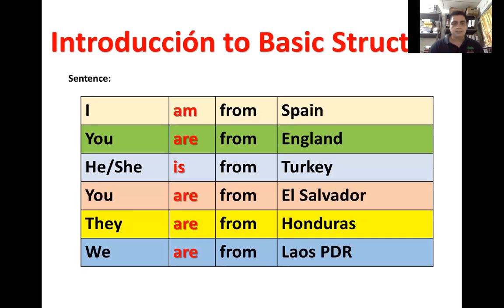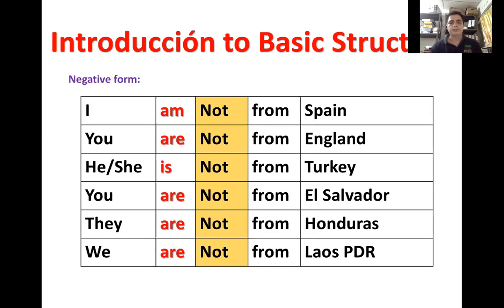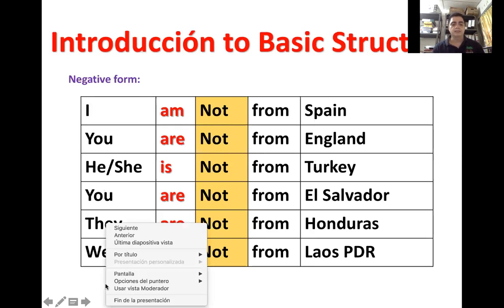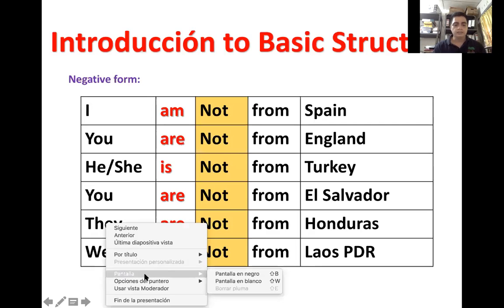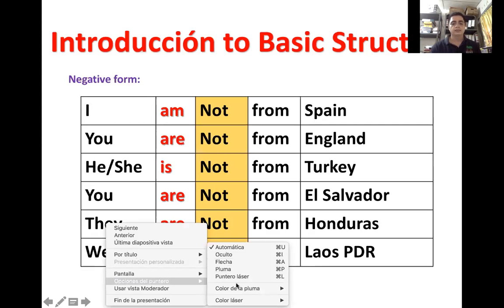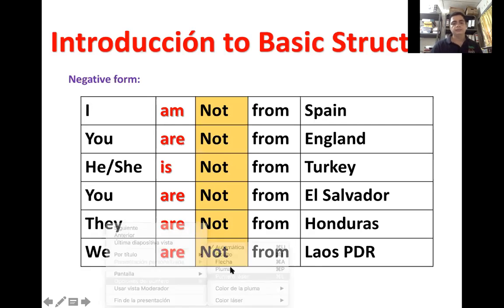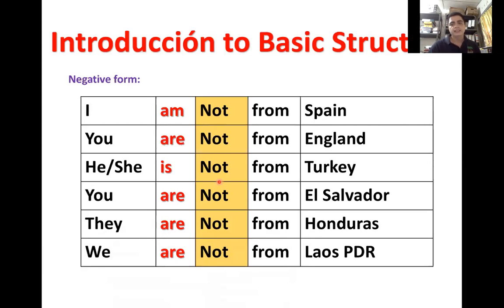And some other examples. The negative form. In the case of the negative form, you just add the word not after the verb. For example, I am not from Spain. You are not from England. So that means that this is the negative form.